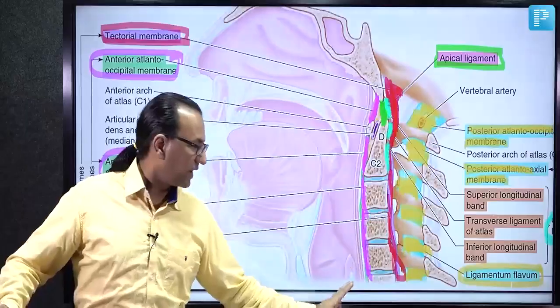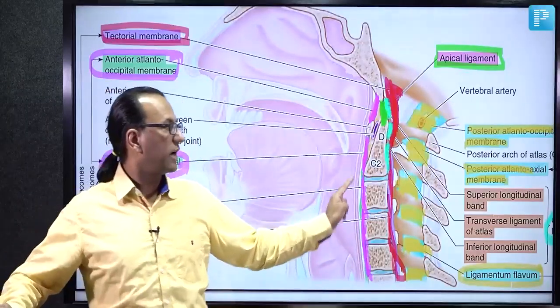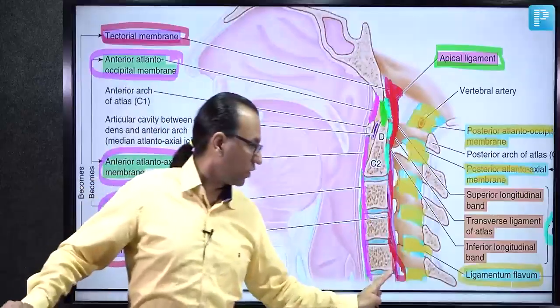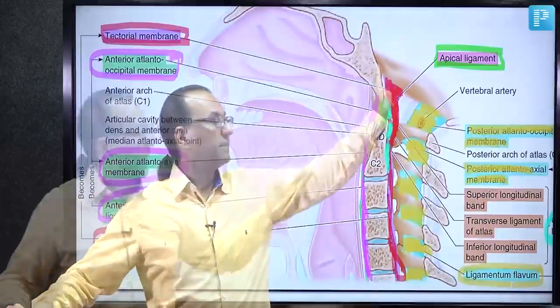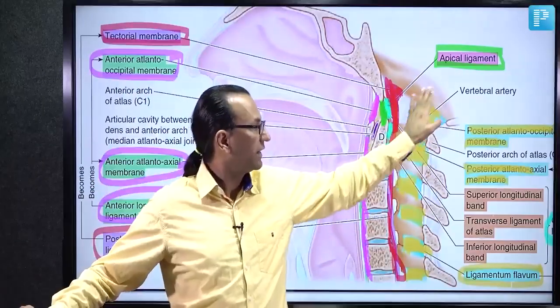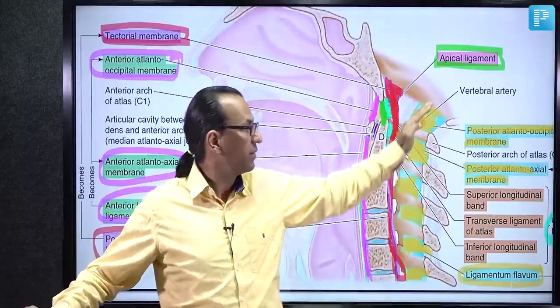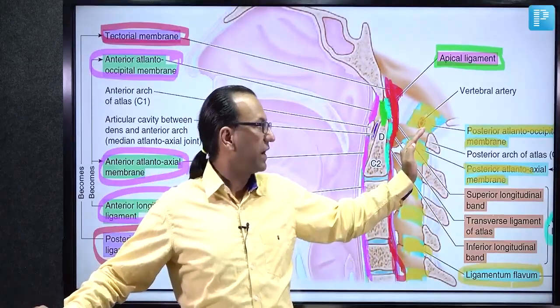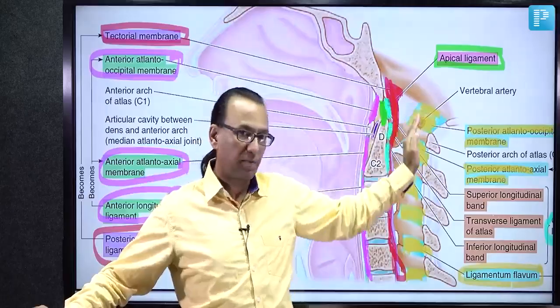So basically, we have the anterior longitudinal ligament becoming the anterior atlanto-axial ligament, becoming the anterior atlanto-occipital membrane, as the posterior longitudinal ligament becomes the tectorial membrane, and the posterior atlanto-occipital membrane is in the region of the ligamentum flavum, which itself continues as the posterior atlanto-axial membrane and the posterior atlanto-occipital membrane.